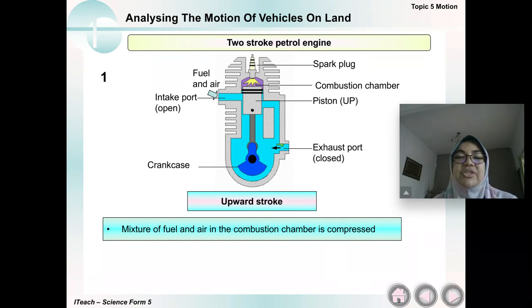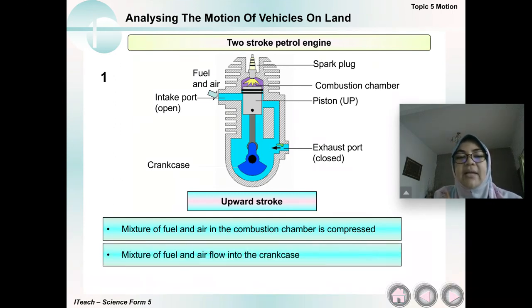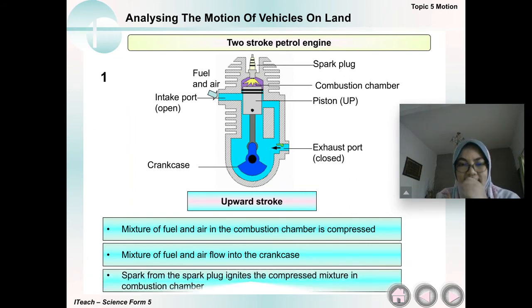Okay, so mixture, dia masukkan fuel and air, lepas tu dia compress. And then mixture of fuel and air flow into the crankcase. Spark from the spark plug ignites the compressed mixture in combustion chamber. So sini ada combustion chamber, so akan berlaku letupan-letupan juga.